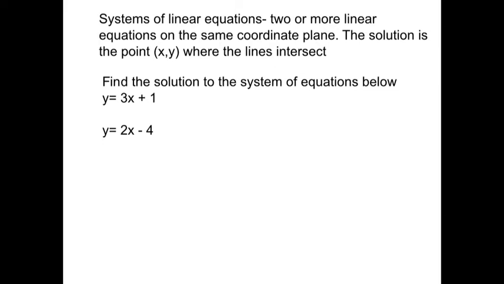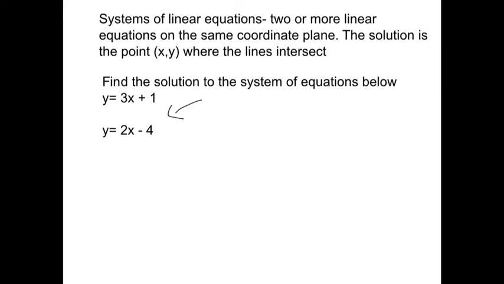So I have my two linear equations. They happen to both be in slope-intercept form, which is great because that makes my job easier. Remembering my goal is to find the x comma y where the points meet, what I really want to do is know when the y values and/or the x values are exactly the same.